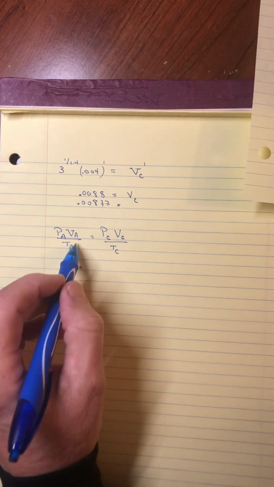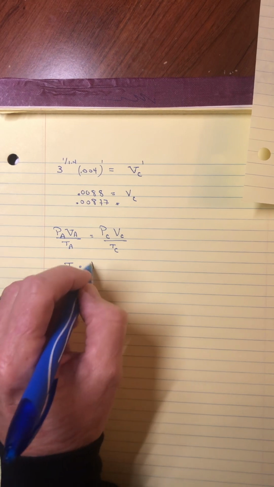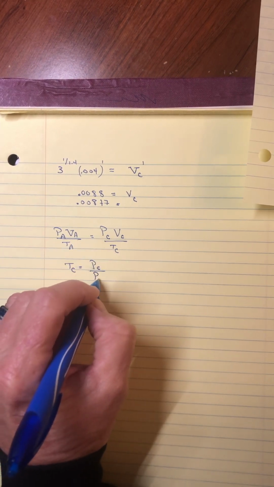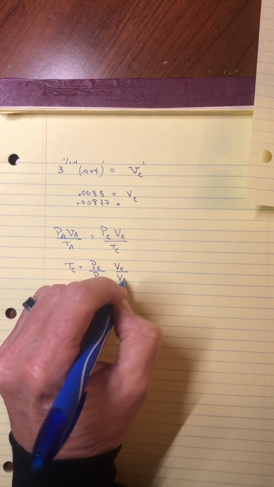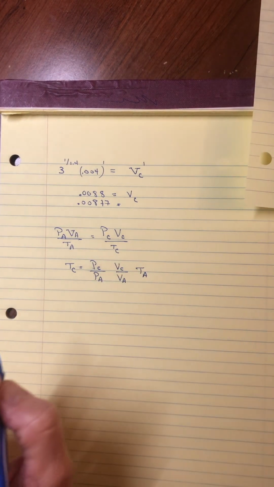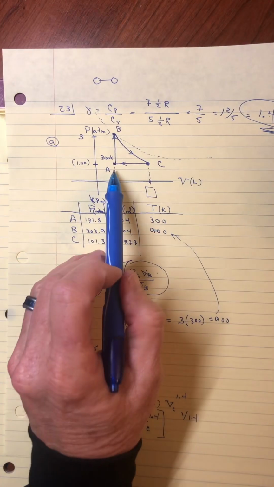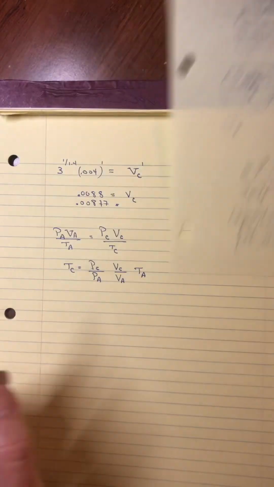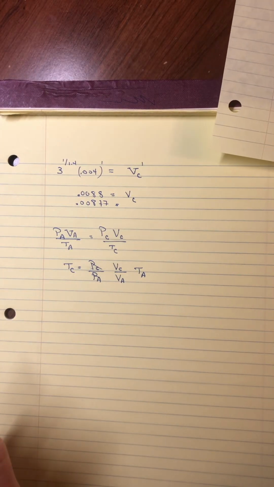And so if I kind of move this over, I like to write it as the pressure at C over the pressure at A, volume at C over volume at A, times temperature at A. And of course, you could kind of think about A and C being connected by a constant pressure. That's why there's no effect from the pressure.